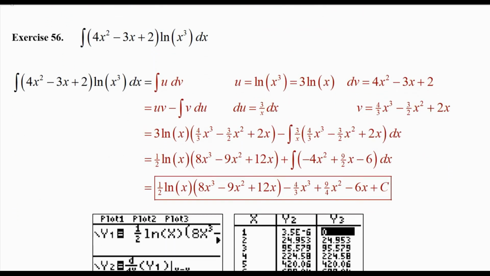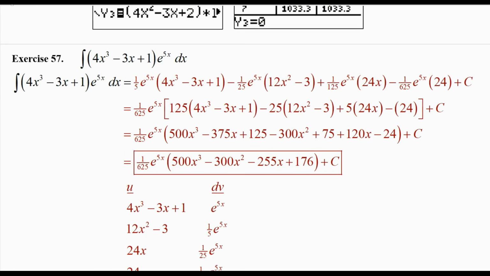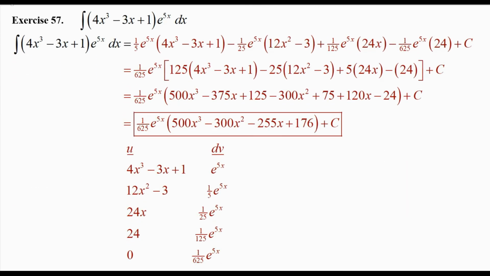Here's one that we're going to do by parts. Here's one here. It's also by parts using the table method.